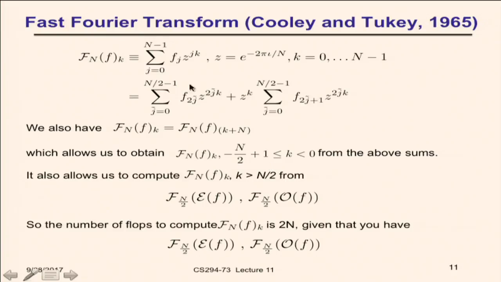So now this is a nice series, but I can break it into two pieces. The sum from j equals 0 to n over 2 minus 1 of f of 2j z to the 2jk, plus z to the k times the sum from j equals 0 to n over 2 minus 1 of f of 2j plus 1 z to the 2jk. What is this?